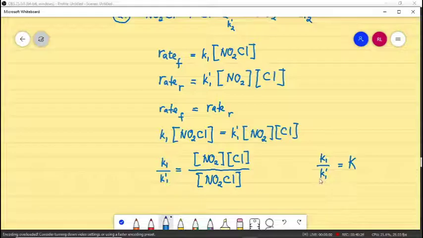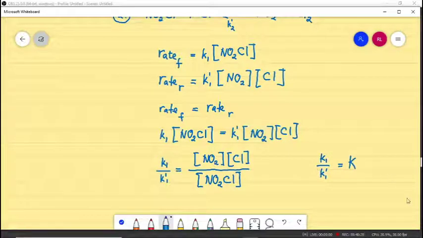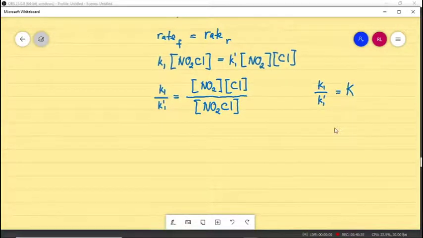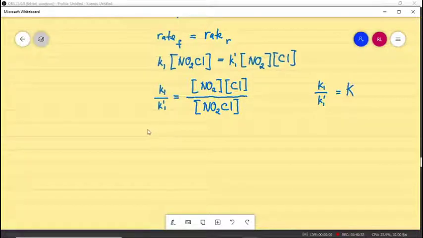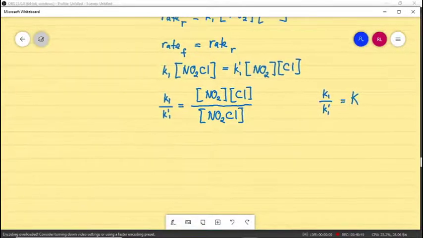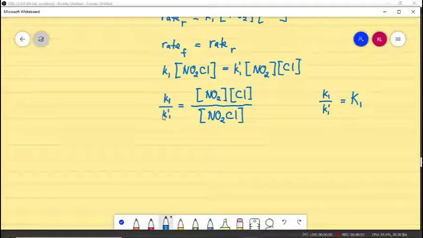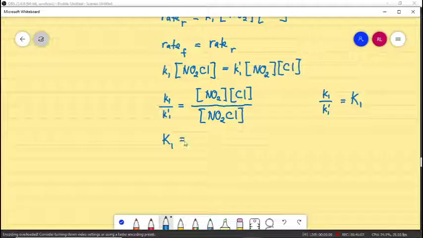Okay, the ratio of these two values is equal to K. So, therefore, for reaction 1, since we use subscript here 1 to mean equation 1, so if small k sub 1 over small k prime sub 1 is equal to capital K sub 1, so therefore K sub 1 is equal to the concentration ratio.